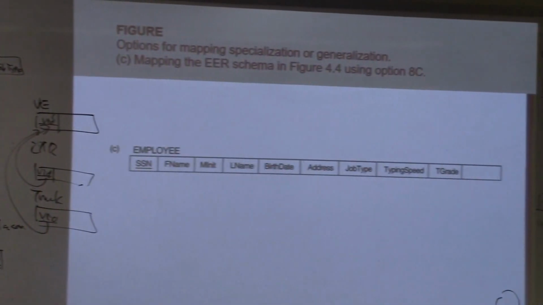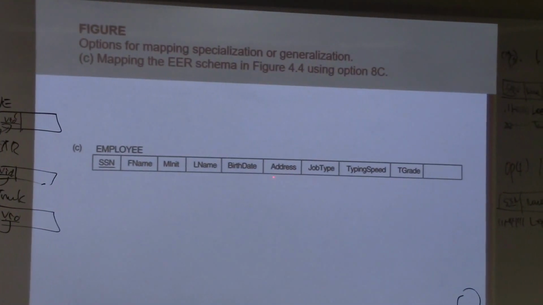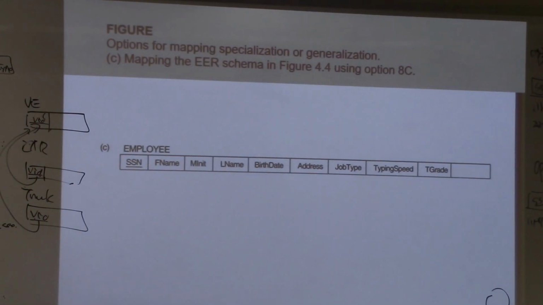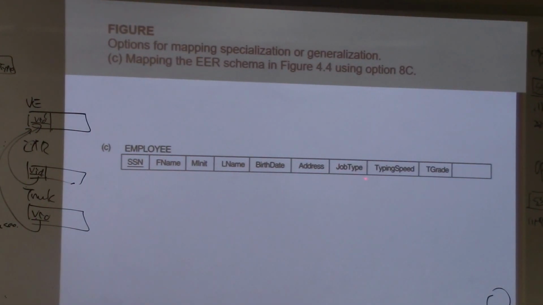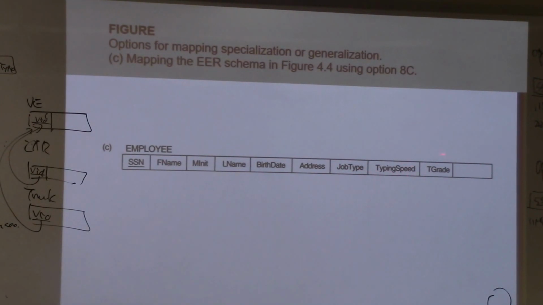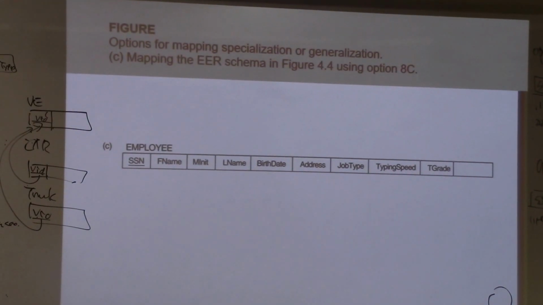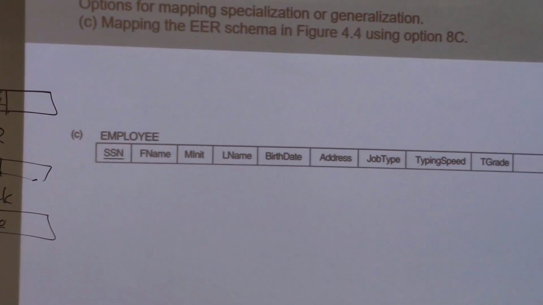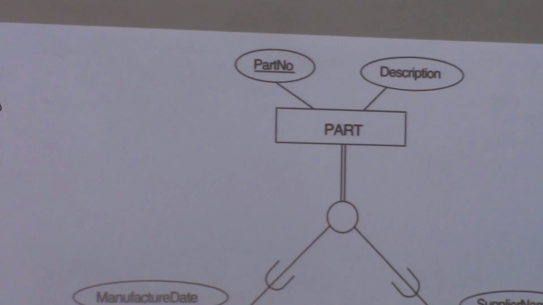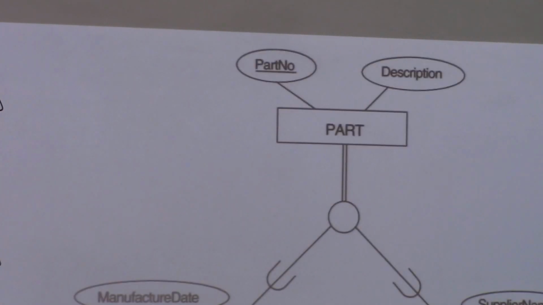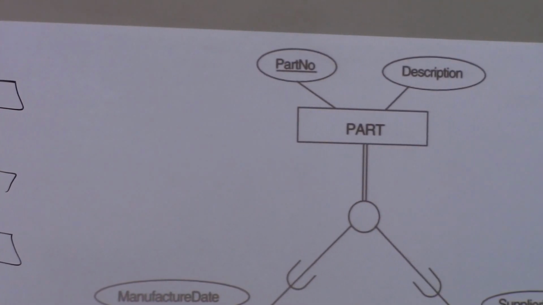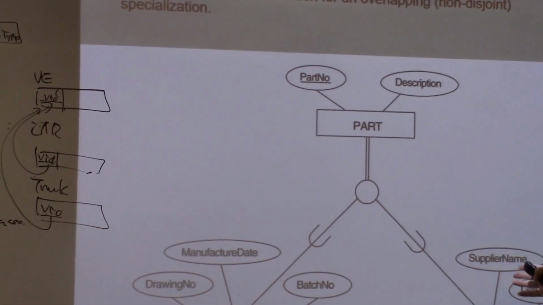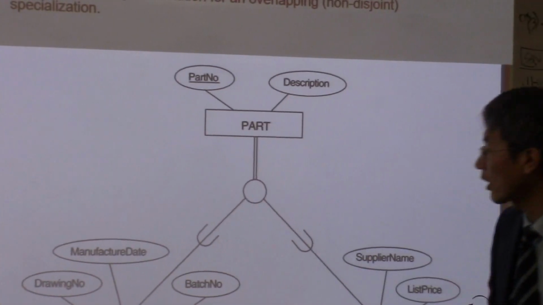So option 3 and 4. Option 3, you can create one relation for the entire entity, including super and subclasses. Then using the job type of subclass, you can add as many attributes as possible. If not related to the job, it will be null. Otherwise, you can give the value. Now if we are using the last option, the first option for this part is we have one superclass, two subclasses.